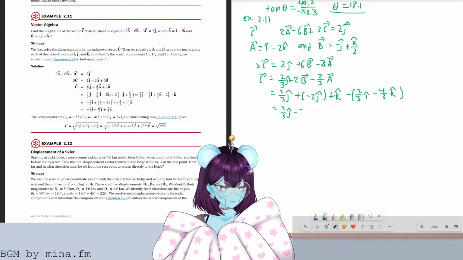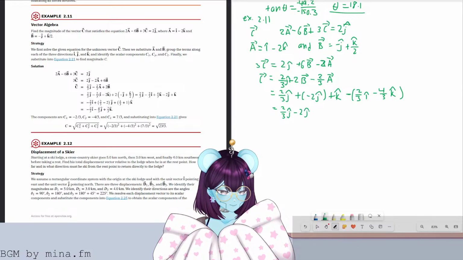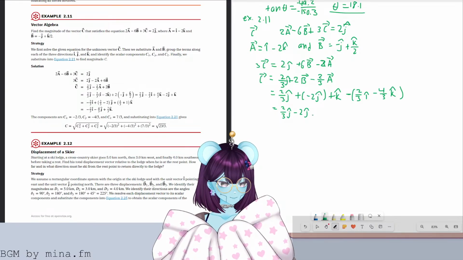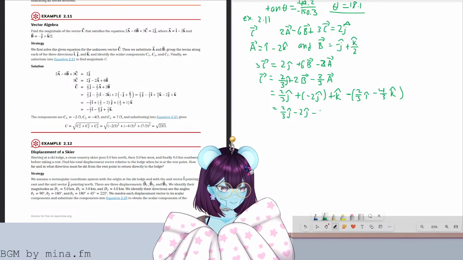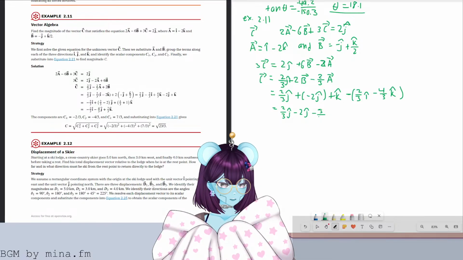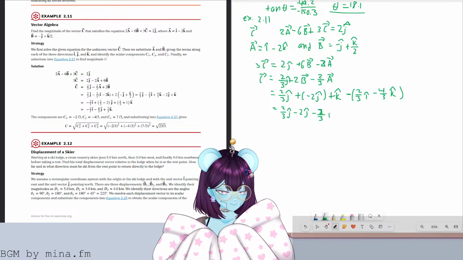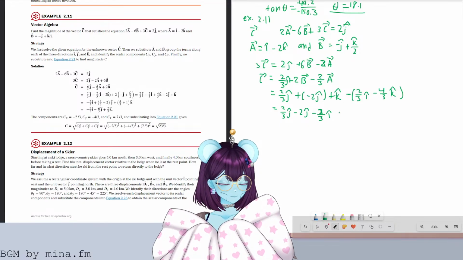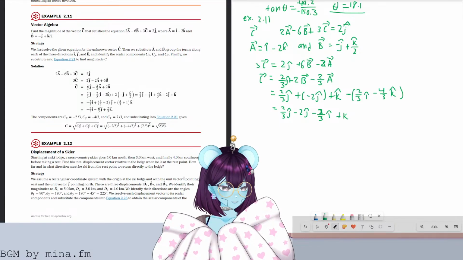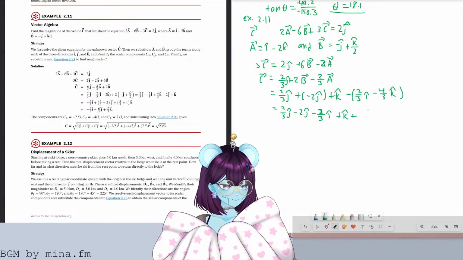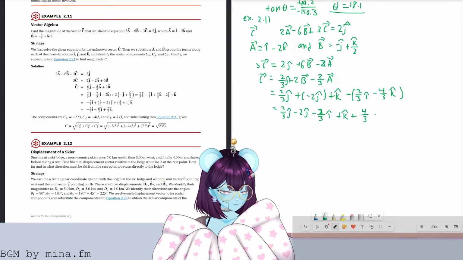To get 2 j. And then we have negative 2 over 3 j, plus k plus 4 over 3 k.